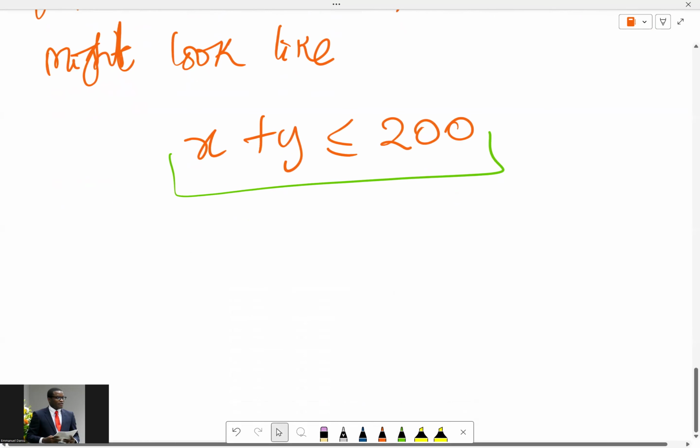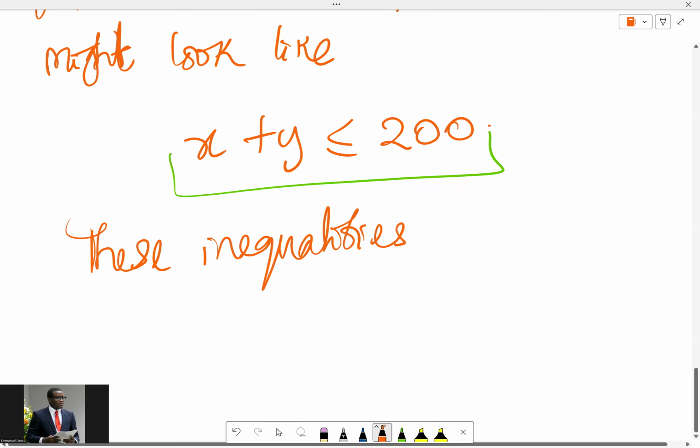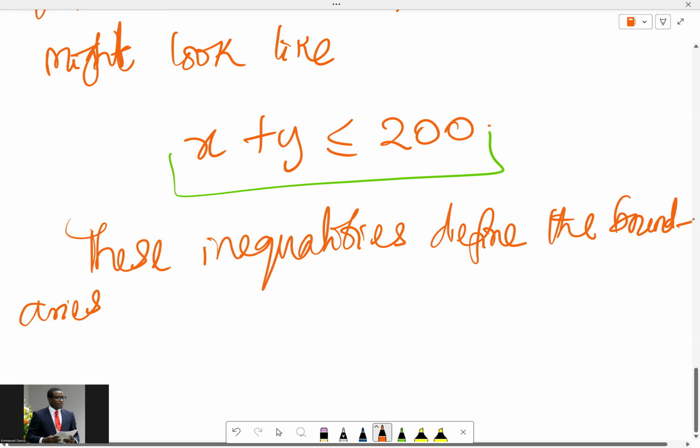So these inequalities define the boundaries within which the solution must lie.